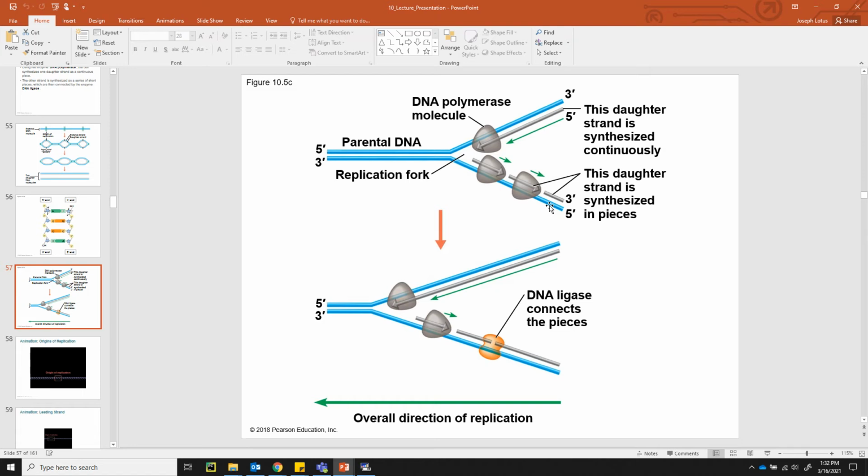So what do they do? Well, they do this really interesting little pattern, if you can follow my mouse. They start here and they read to the right and they build to the right. They are reading from the 3' to the 5', and they are writing from the 5' to the 3'. And then the DNA polymerase will disconnect and then join again over here, further to the left.